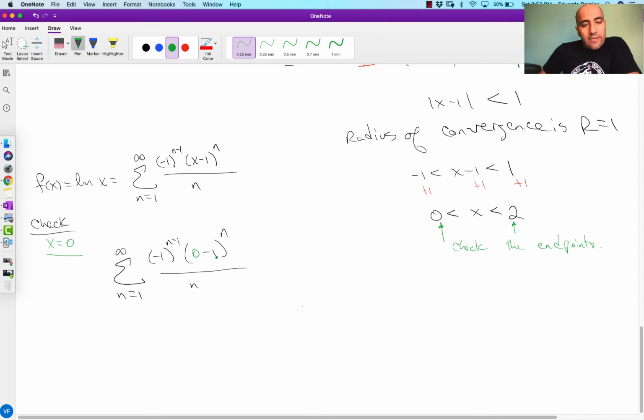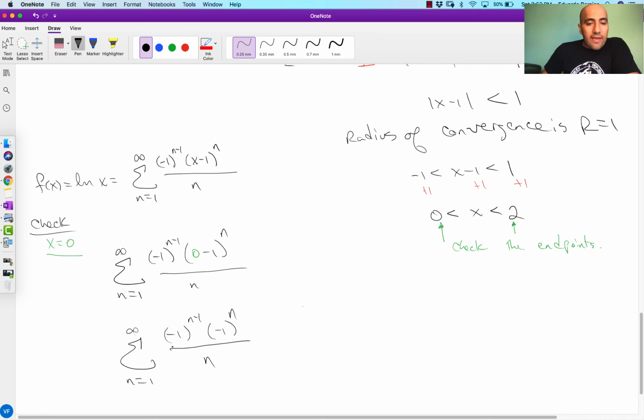Okay, so 0 minus 1, that's just going to be negative 1 to the power of n. So that'll be equal to this, negative 1 to the power of n minus 1, and then we'll have another negative 1 to the power of n, and then all over n. Good.